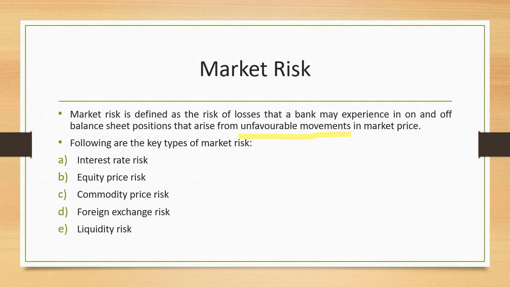Now, interest rate risk is to do with bonds and related instruments. Equity price risk is with shares. Commodities could be multiple commodities, gold, silver, and agri commodities. And foreign exchange is obviously to do with the various currencies across the world.